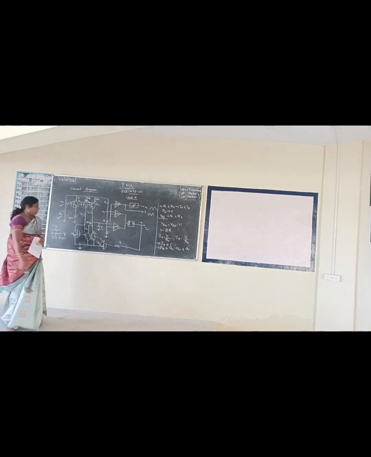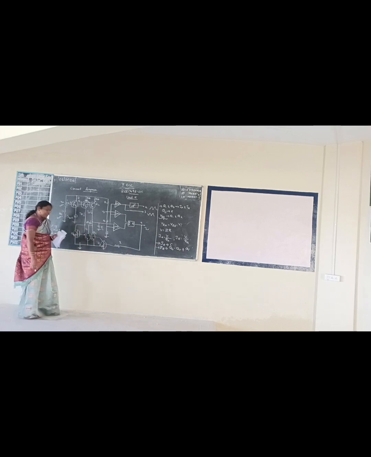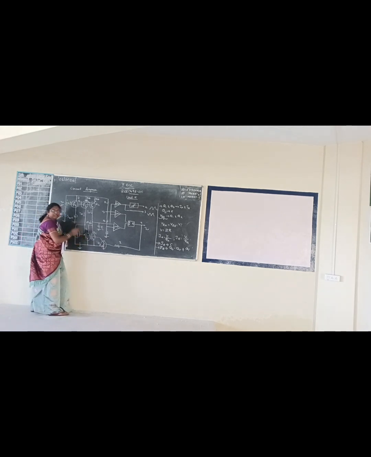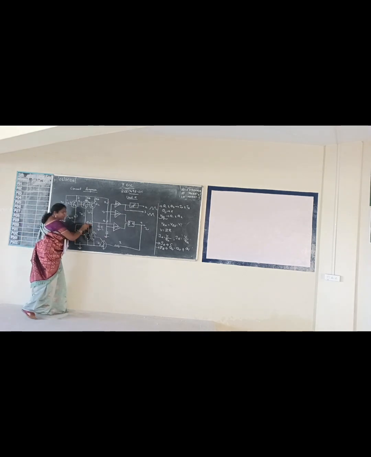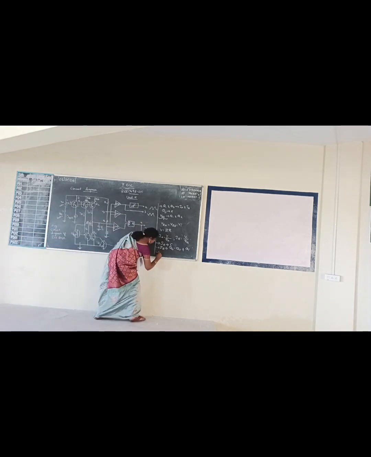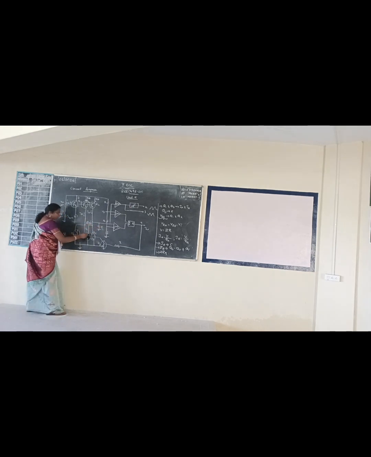The current I will be divided between the transistors Q4, Q5 and Q6.